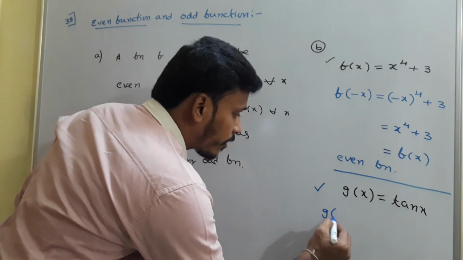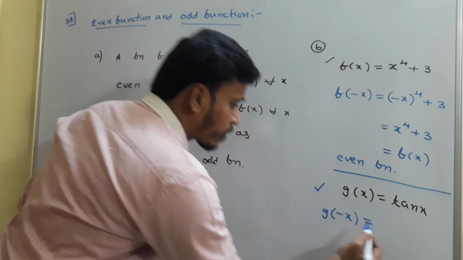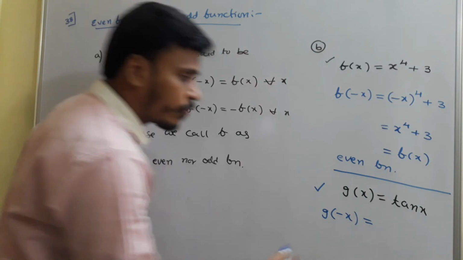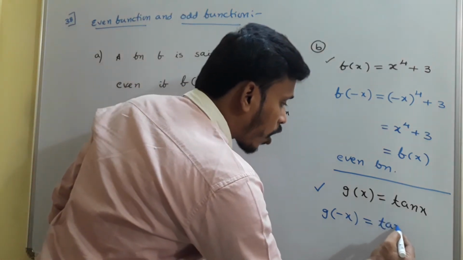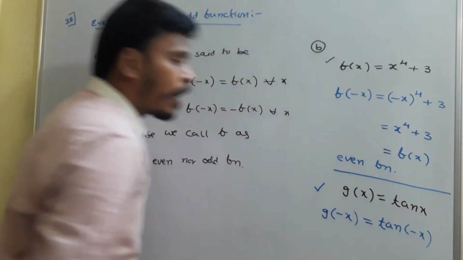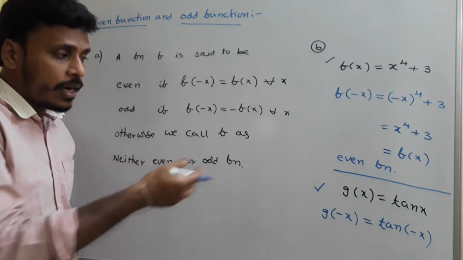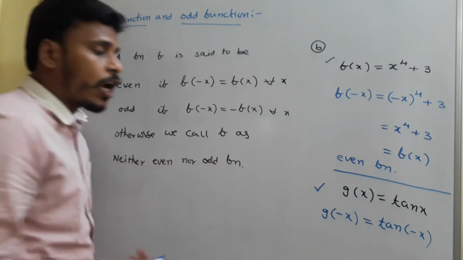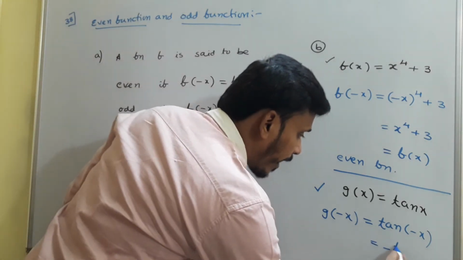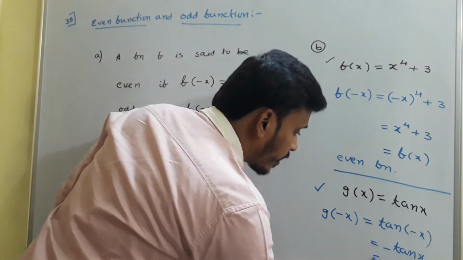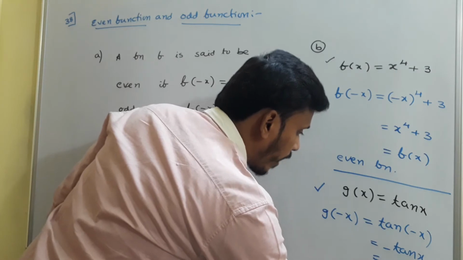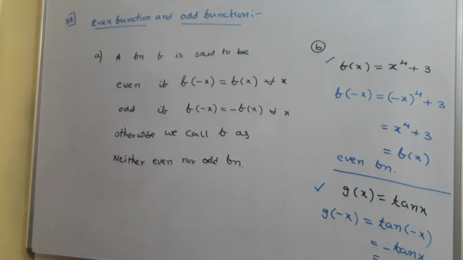So I start with g of minus x. Replacing x with minus x means tan of minus x. We are very familiar with this trigonometric conversion. Tan of minus x is simply minus tan x, and that is minus g of x.